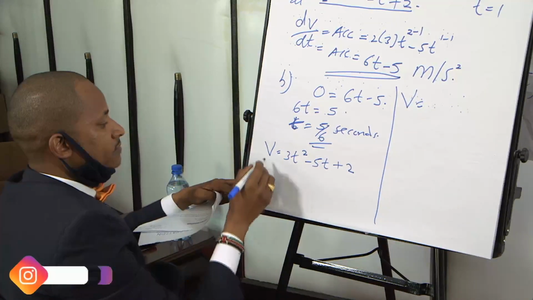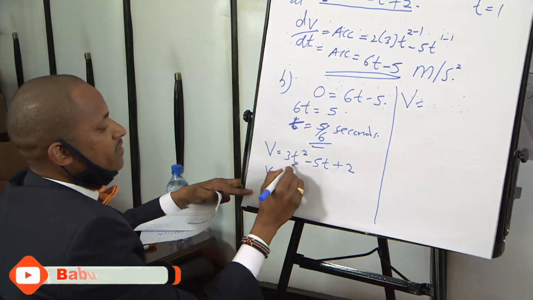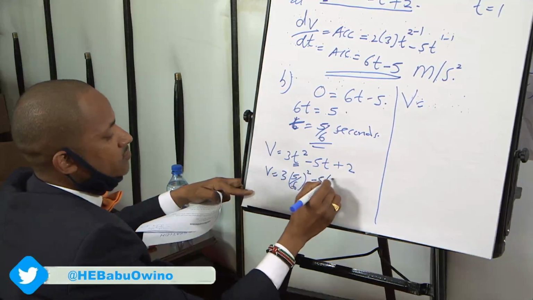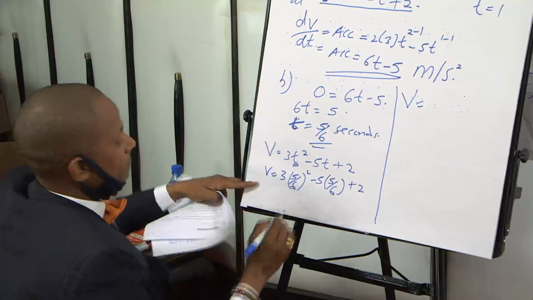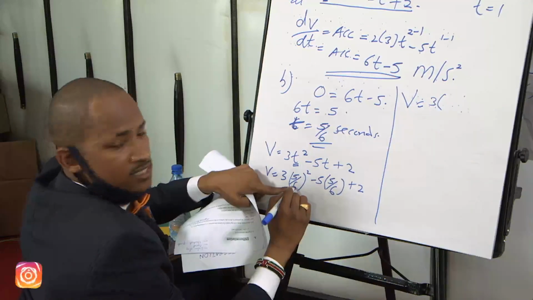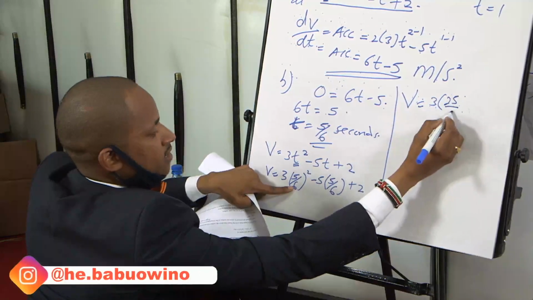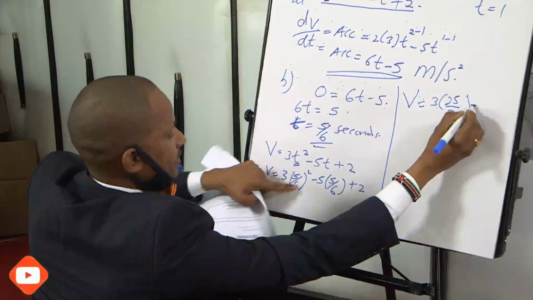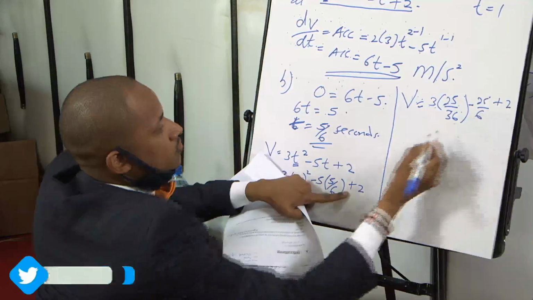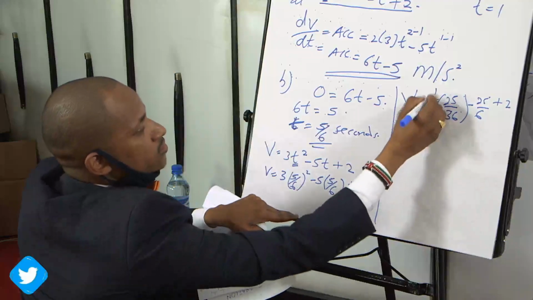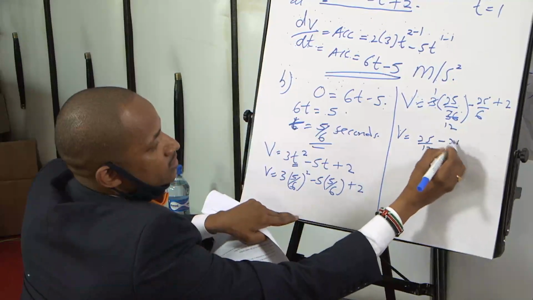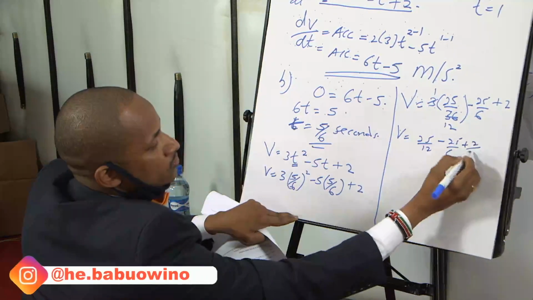So velocity is equal to 3 times 5 divided by 6, squared, minus 5 into 5 divided by 6, plus 2. 5 squared is 25, 6 squared is 36, minus 5 times 5 is 25 over 6, plus 2. 3 goes into 36 twelve times. So we have 25 over 12 minus 25 over 6 plus 2 over 1.